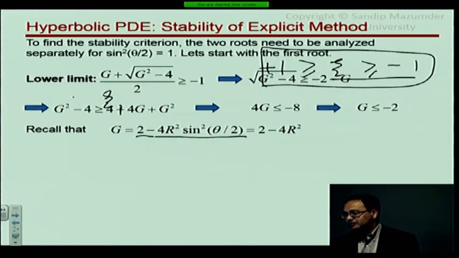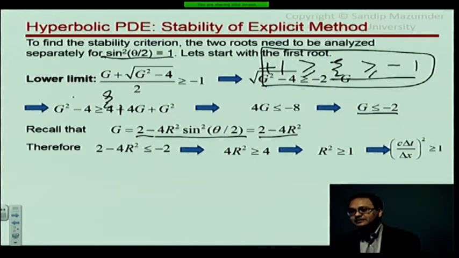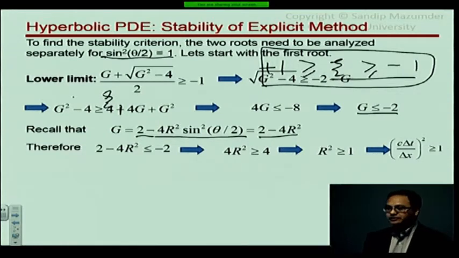Of course, sine squared theta we are using equal to 1. Okay, so therefore we get 2 minus 4r squared. So what this inequality gives us is 2 minus 4r squared is less than minus 2. Okay, you rearrange that further and you end up getting r squared is greater than or equal to 1. So what that's telling us is c delta t over delta x squared is greater than or equal to 1.